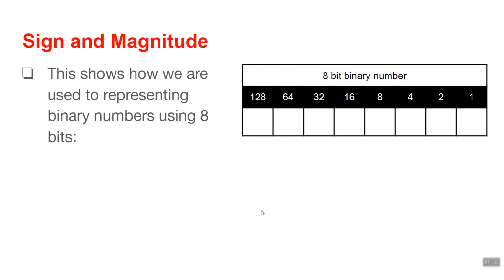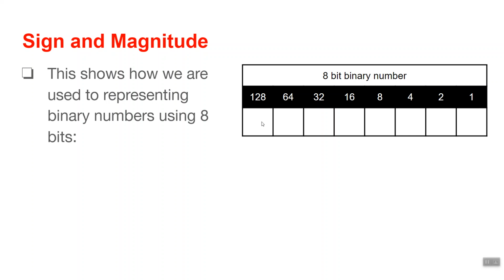The first method we're going to look at is something called sign and magnitude. To begin with, let's look at how we're used to seeing a binary number. This is what you're hopefully comfortable with, the idea of 8 bits, with each place represented in powers of 2, starting at 1 and finishing with 128.